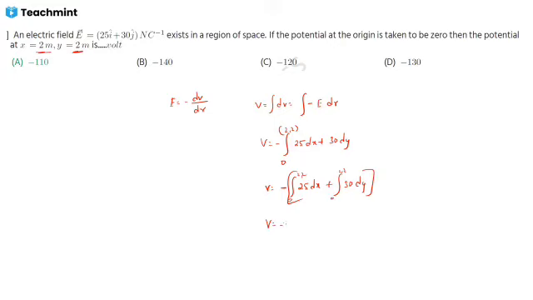Okay, so integration of dx is x, so we can write it as 25x plus 30y. As we all know the limits, x and y values are given, so minus of 25 into 2 plus 30 into 2, it will be minus 50 plus 60, that is equal to minus 110. Okay, here option. Next question.